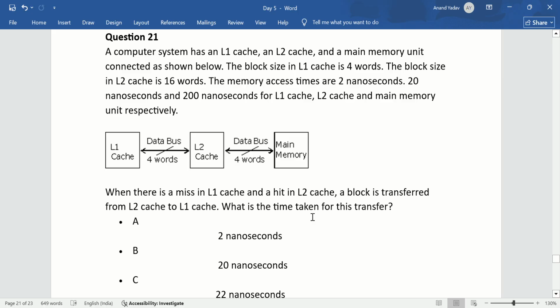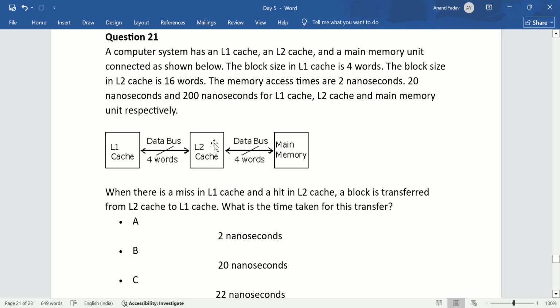First I will tell you L1 has a 4-word block size but L2 has a 16-word block size.